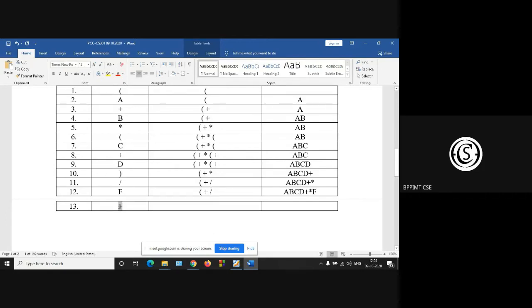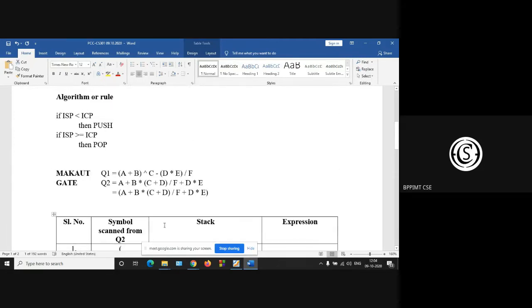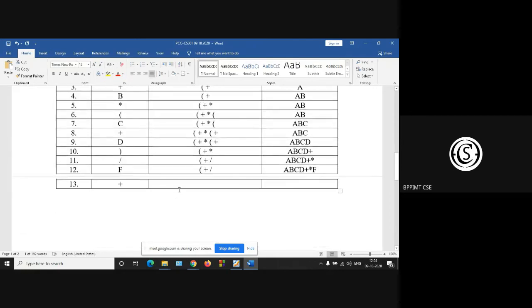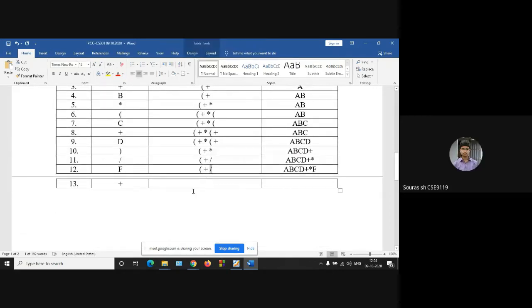This is incoming with priority 1, and this is the stack top with priority 2. So is it push? Sorry, it's pop. Yes, this is the main twist in GATE.